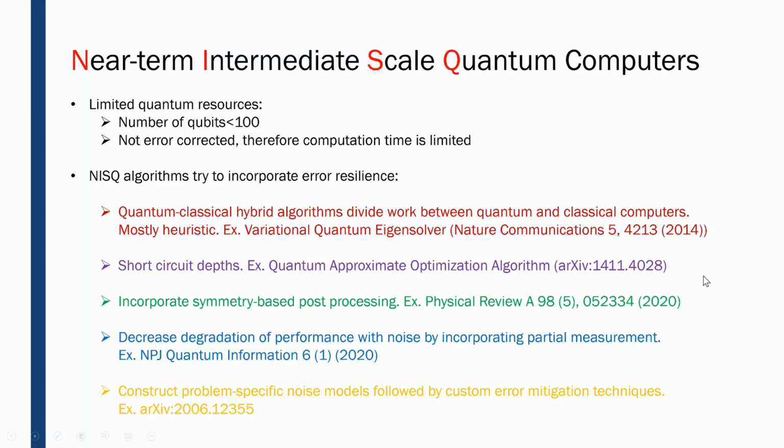Also, Sonika, I've got a couple of questions. Can you explain the difference between the variational quantum eigensolver and the quantum approximate optimization algorithm? I've seen them used for solving similar problems. Are they closely related, or which one would be better for certain types of problems?